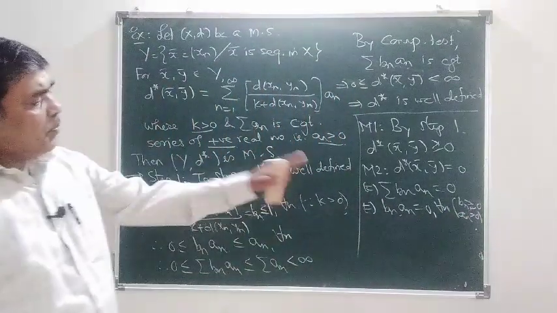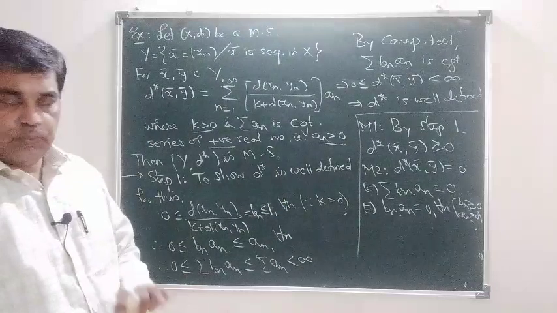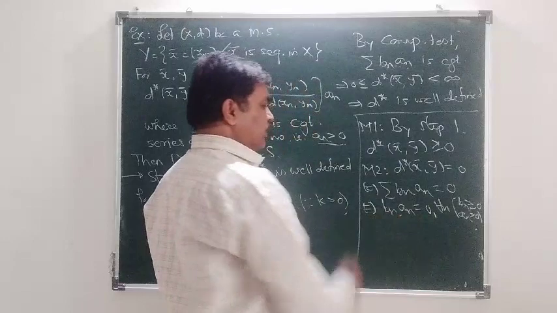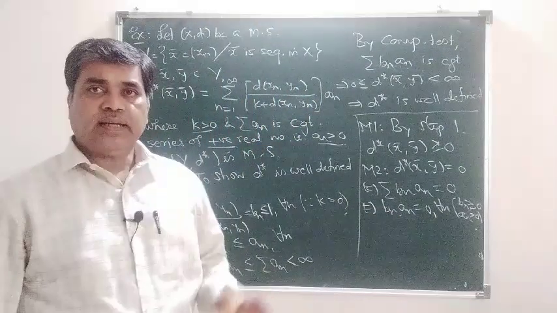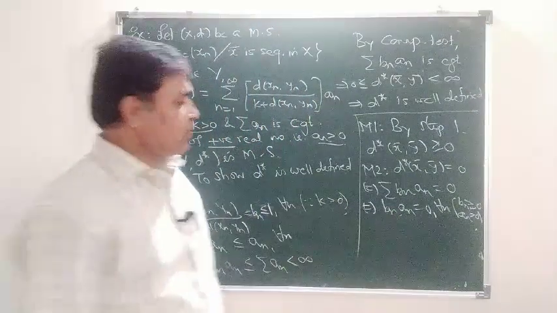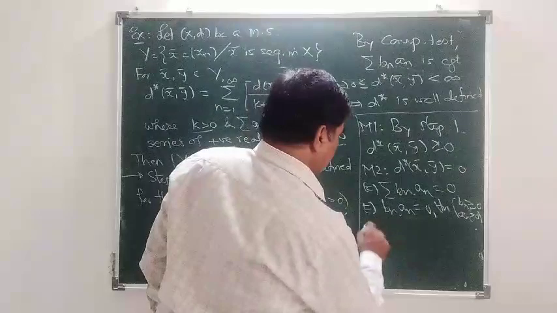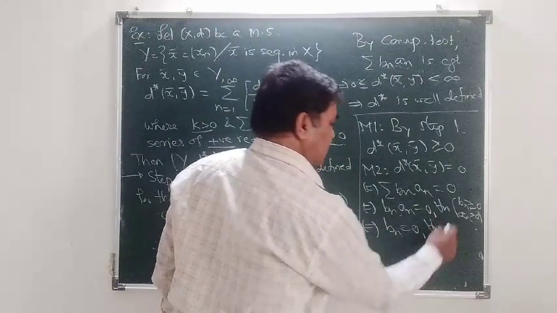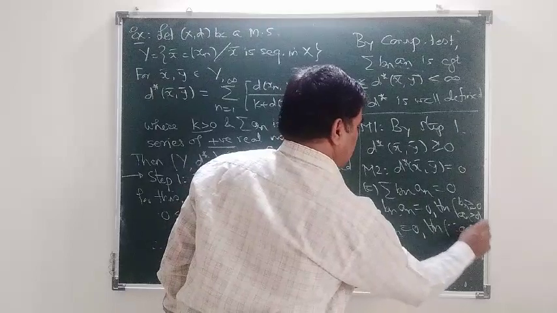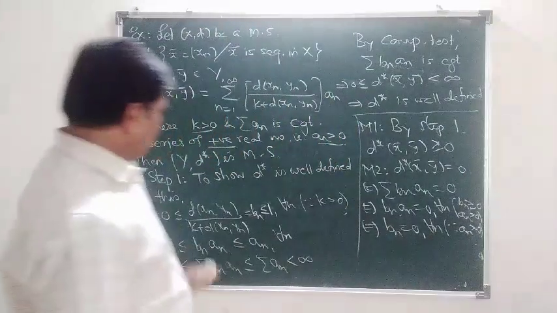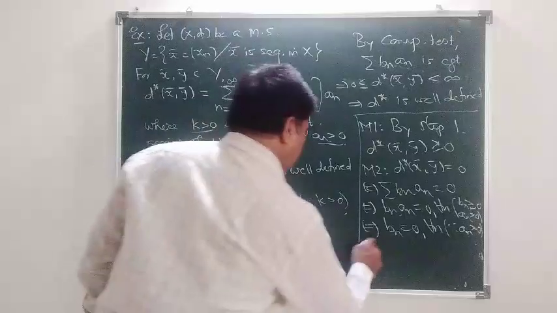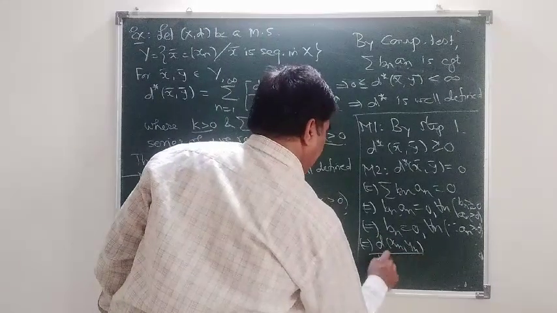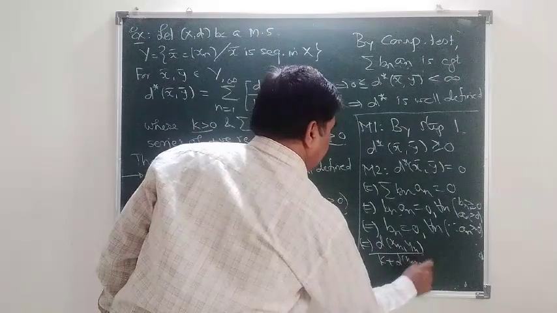So it is a sum of non-negative terms whose sum is 0. So this infinite sum is 0 if and only if each term in that series of non-negative real numbers must be 0, if and only if bn is 0 for all n, since an's are positive. As bn's are 0 if and only if d of xn, yn upon k plus d of xn, yn is 0.